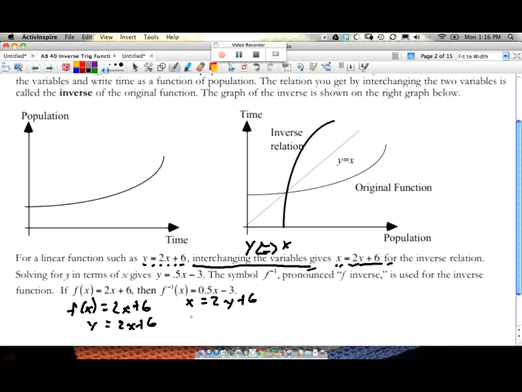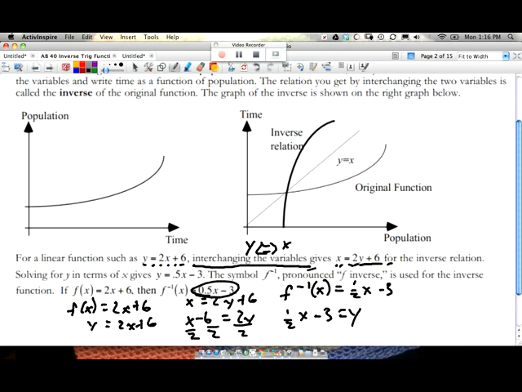Now I would do some algebra to solve this for y. I'd have x minus 6 equals 2y. Divide everything by 2, and that gives me 1/2 x minus 3 equals y. Or, writing it the other way around, f inverse of x is 1/2 x minus 3. So that's the general idea.